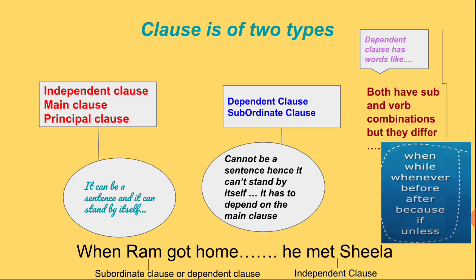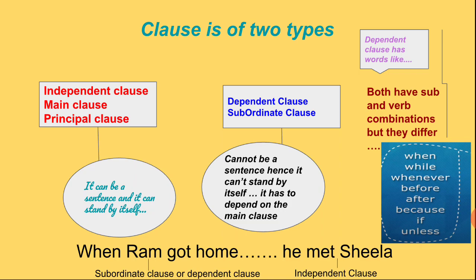Look at the right hand side, dependent clause or subordinate clause. So this group of words, though it has a verb and subject combination, it cannot give complete meaning, nor can it stand by itself.